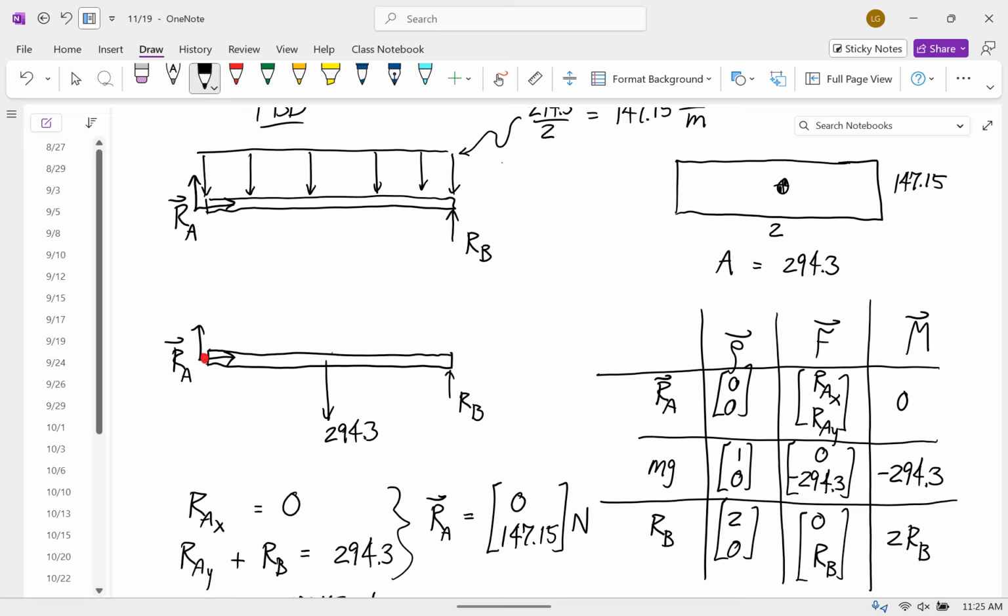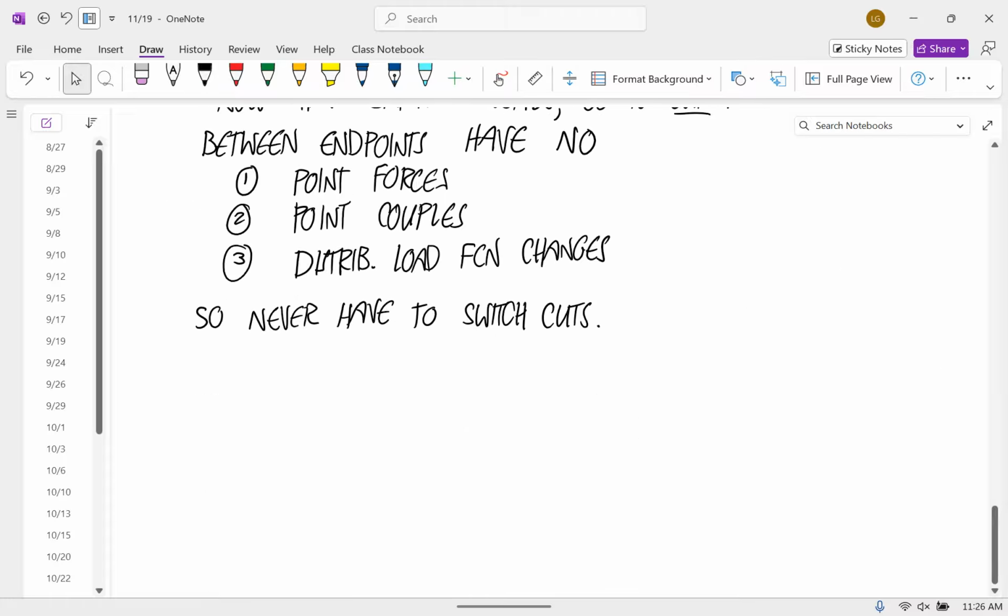But so we look at this free body diagram and we say, okay, one cut is all we need. We never have to switch subfunctions. Okay, so our cut one is valid for all x's between 0 and 2, not including the endpoints.